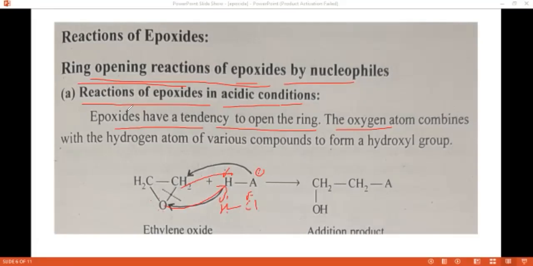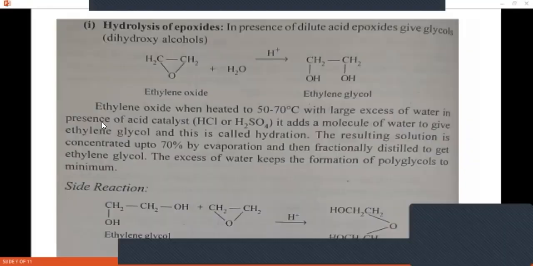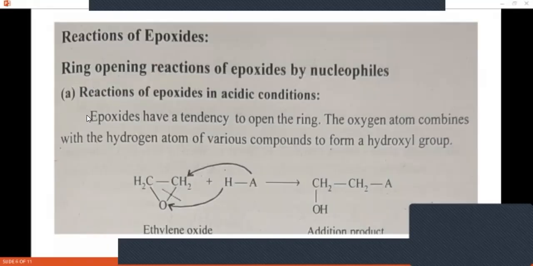Here the addition product is formed. In these reactions, the ethylene oxide reacts with HA to form this addition product. Here the ring is opened.